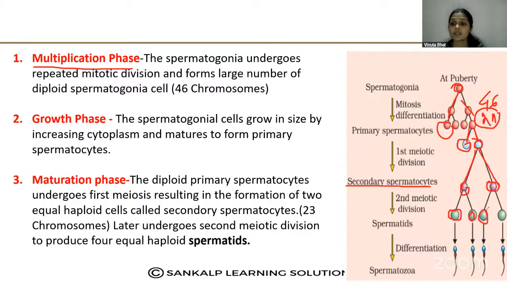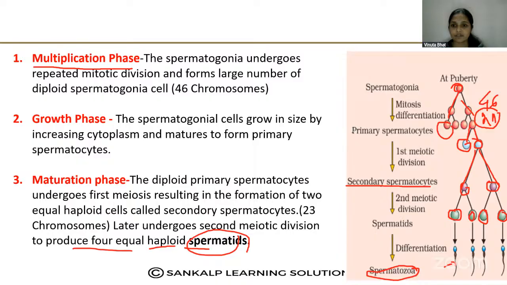Spermatids are round in shape and undergo differentiation and form the spermatozoa, which is nothing but the sperm. After the second meiotic division, they produce four equal haploid spermatids, also called spermatozoa.